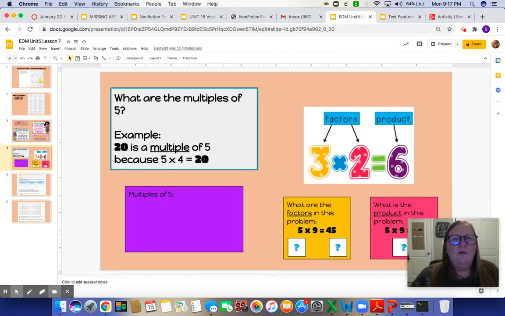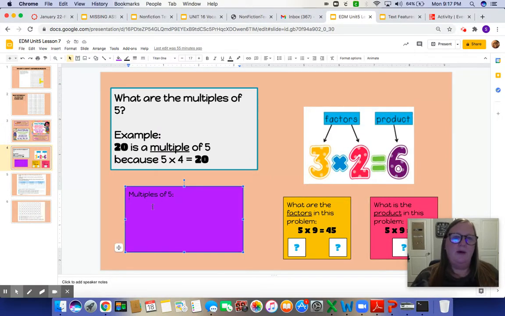So what are the multiples of 5? Here's an example. 20 is a multiple of 5 because 5 times 4 is 20. Let's think about another one. We could say that 30 is a multiple of 5 because 5 times 6 equals 30.